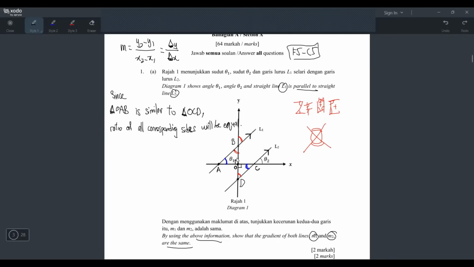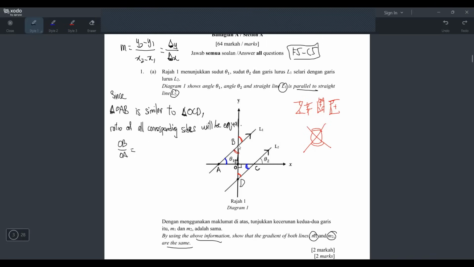All right. It means one of these triangles is the image of the other one under enlargement, right? And we all know the enlargement formula. We can find the scale factor by taking image divide object, right? So what we're gonna do now is we will take any sides. Let's take OB. So I'm gonna write OB. So the ratio of OB to OA will be the same with what?